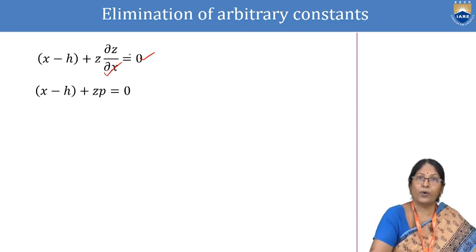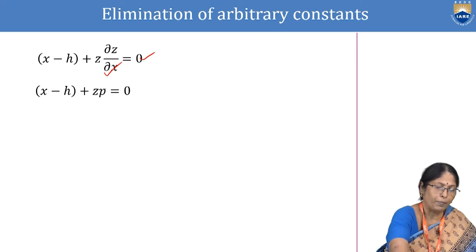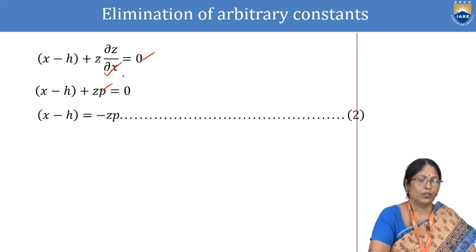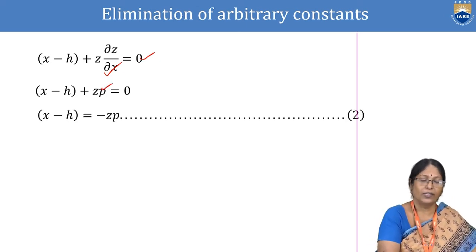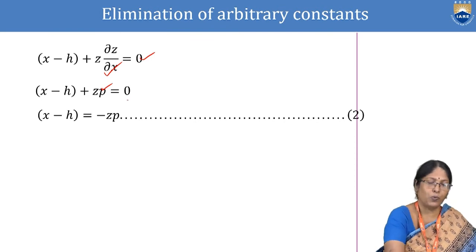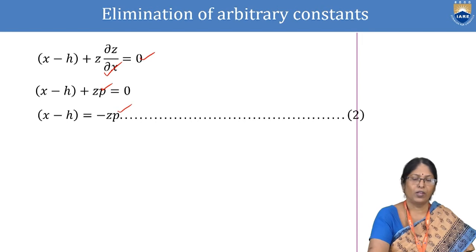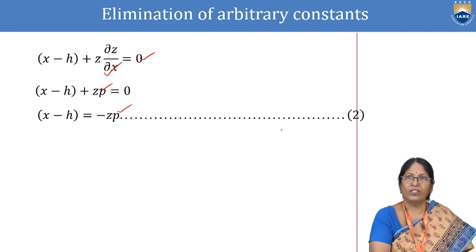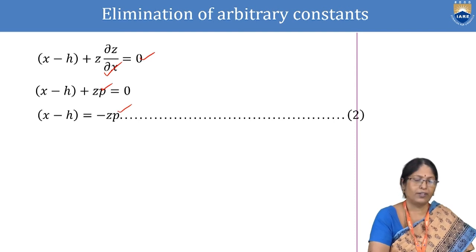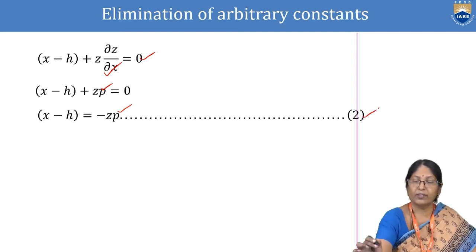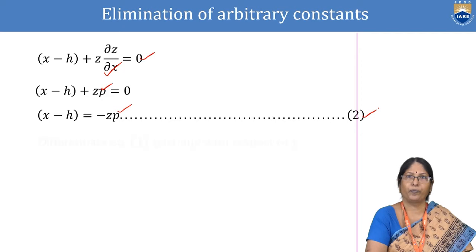Dou z by dou x is denoted by p. So now x minus h plus zp, it is pushed to this side, and it has become minus zp. So partially with respect to x, our given question we did, and we named it as equation 2.